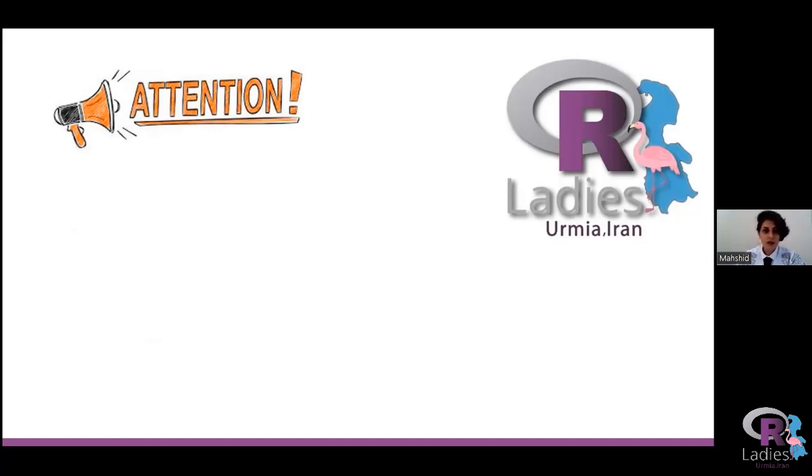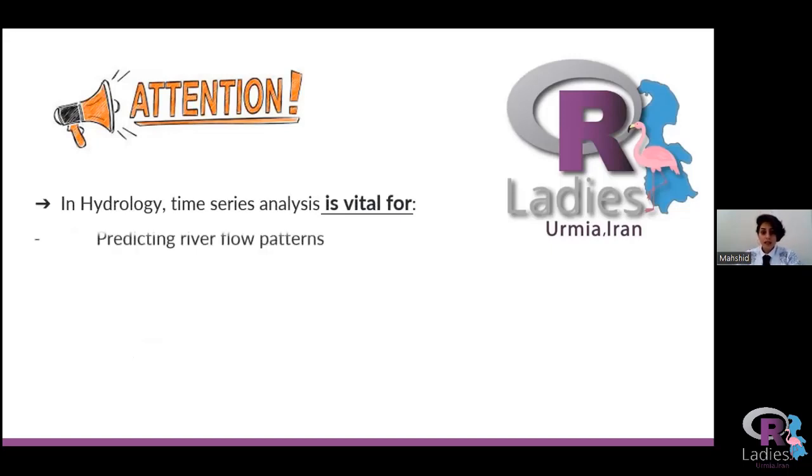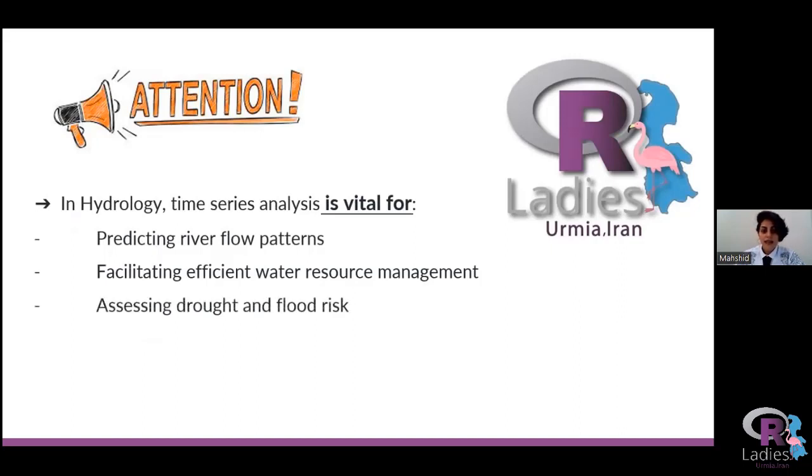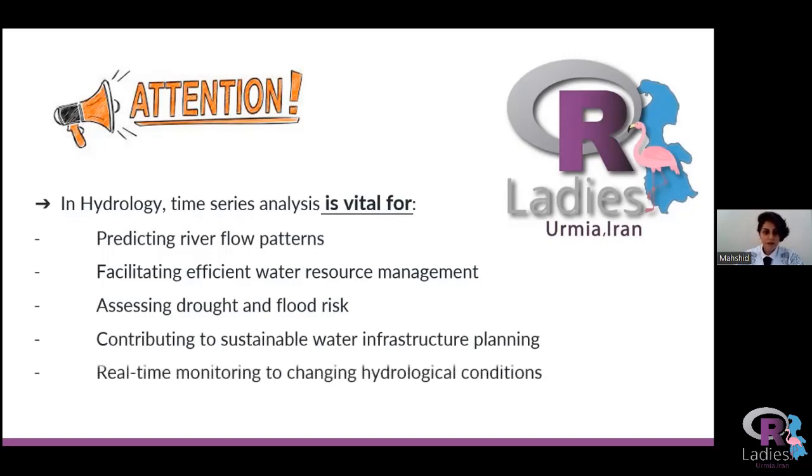In hydrology, time series analysis is vital for predicting river flow patterns, facilitating efficient water resource management, assessing drought and flood risk, contributing to sustainable water infrastructure planning, and real-time monitoring of changing hydrological conditions. So this is vital for identifying the time series characteristics before doing any operation.